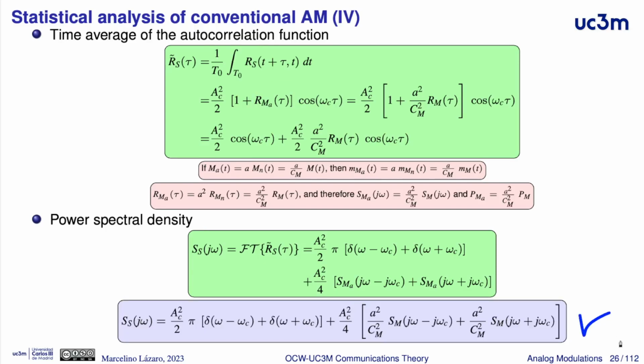We have here the final result: 2 deltas and 2 shifted replicas of the spectrum of the modulating signal with the corresponding scaling factors introduced by the scaling given by the modulation index and the range, and each replica with a quarter of the squared amplitude of the carrier. This is the power spectral density of a conventional amplitude modulation.